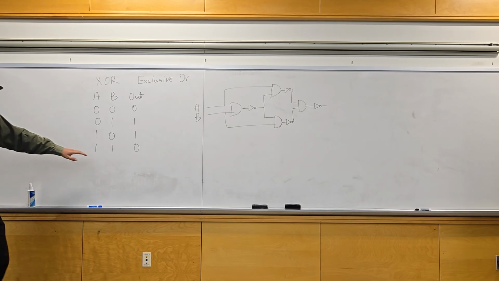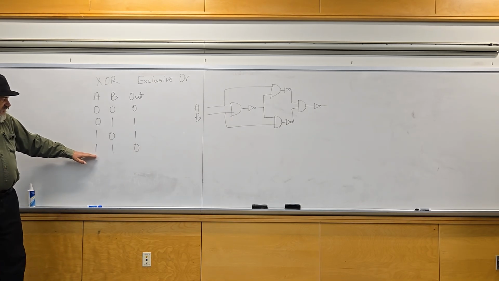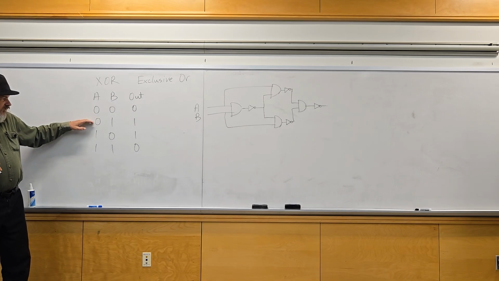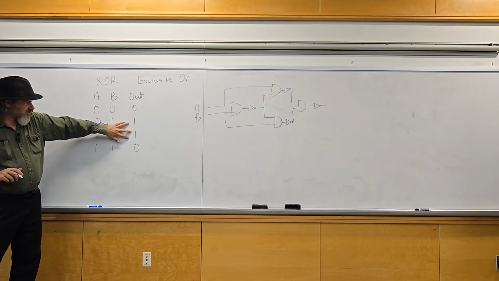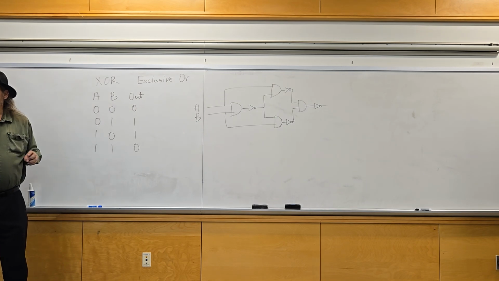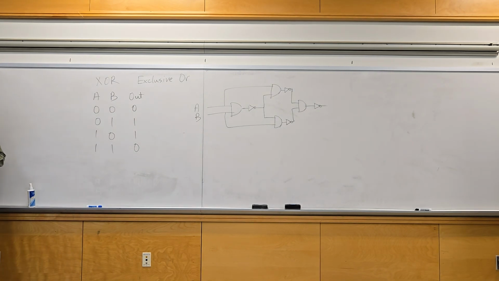So if 0 1 or 1 0, that would yield a 1. 1 1 is an AND, not an OR. So it's exclusive OR. It's just abbreviated XOR.